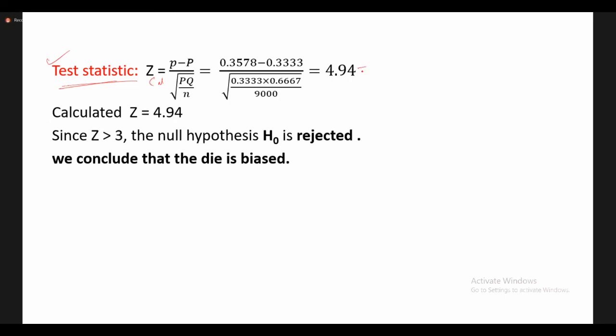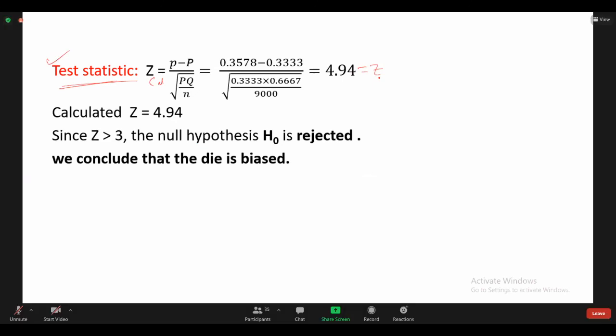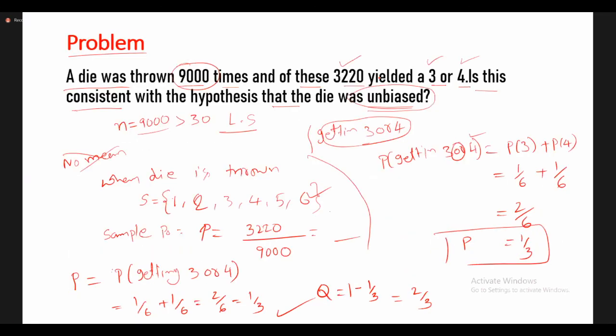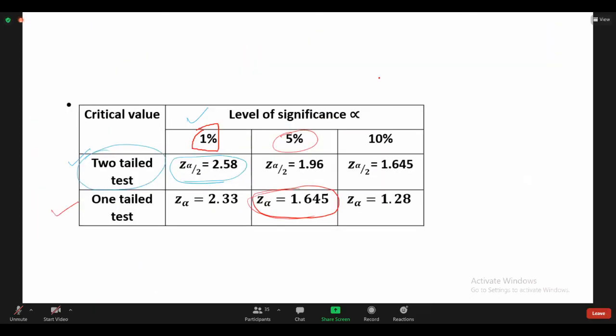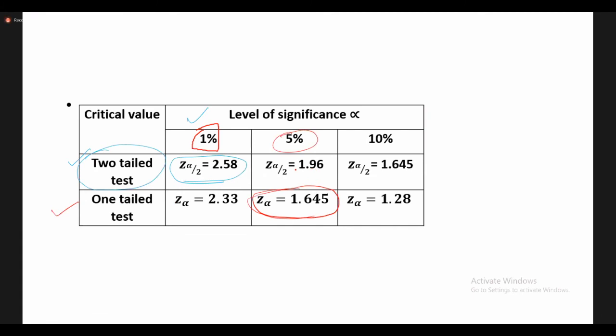All of you check the Z calculated. It is 4.94. Yes, okay, I will check the table value. Wait. Yeah, sorry. Right, you're good. Very good.